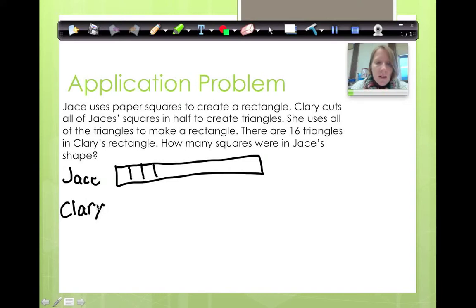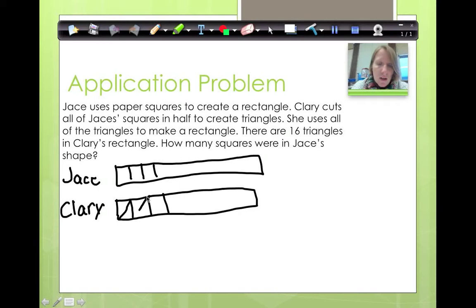Clary has the same rectangle, but she took his squares and cut them into triangles like this. See how he cut them? So it's exactly the same rectangle, it just has triangles instead of squares.